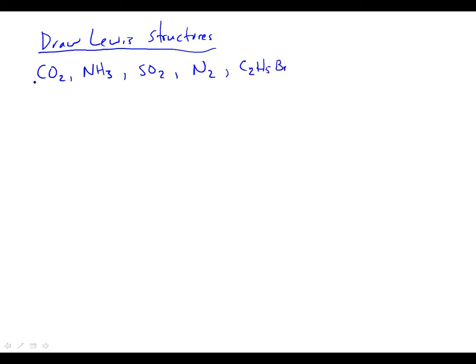So why don't you take a few minutes here and try to draw the Lewis structures for these, just to make sure everybody's on the same page, and then we'll go through each of those.